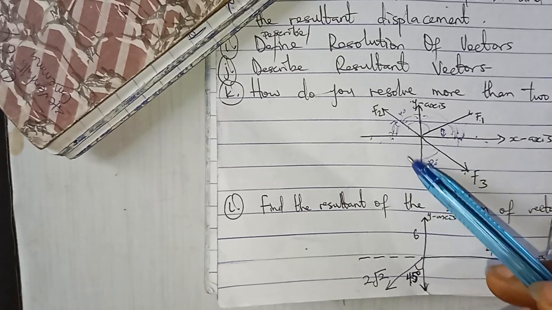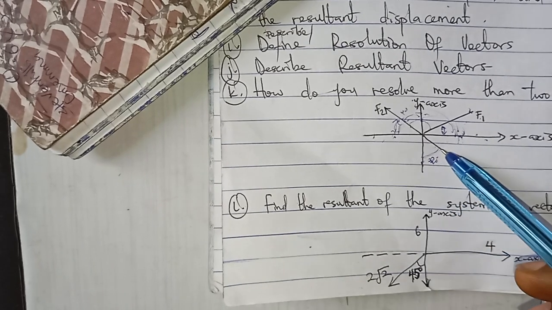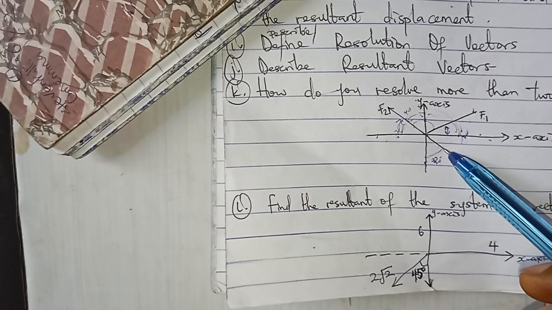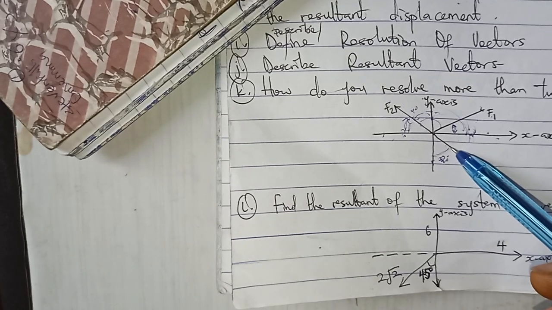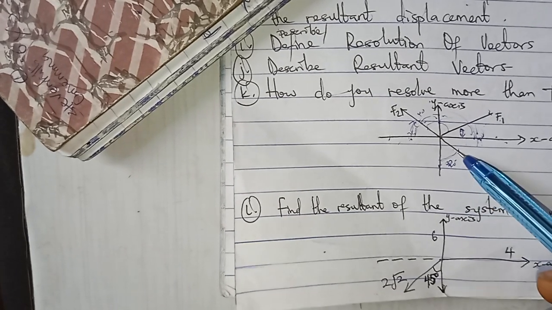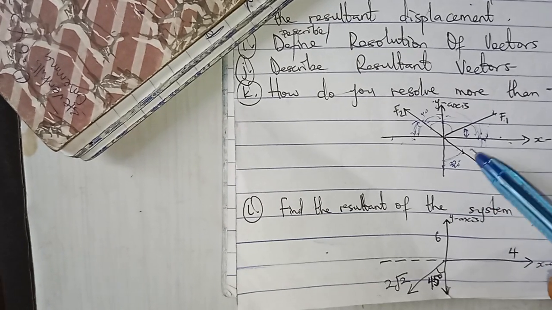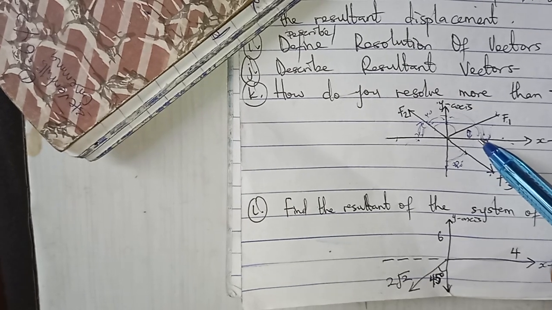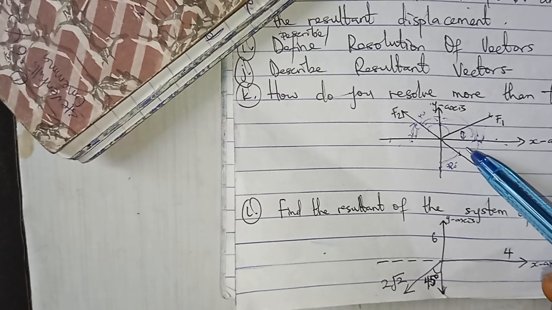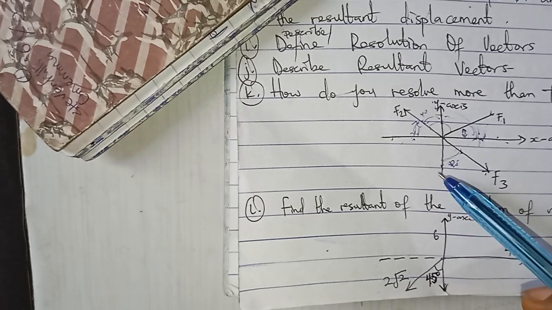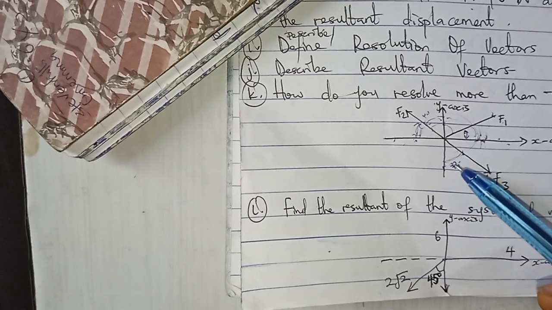Then that is the same thing as saying 270 plus what I have here gives me 290. So what I just need to do is to say 360 minus 290.